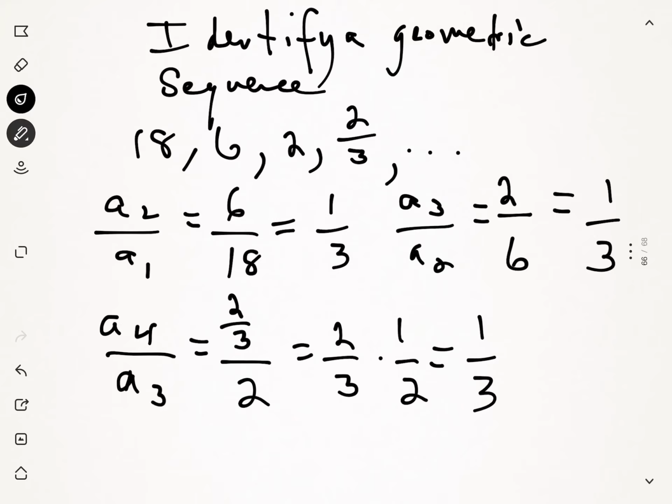So all of these right here, you notice we have a common ratio of 1/3, 1/3, and 1/3, and that makes it geometric.